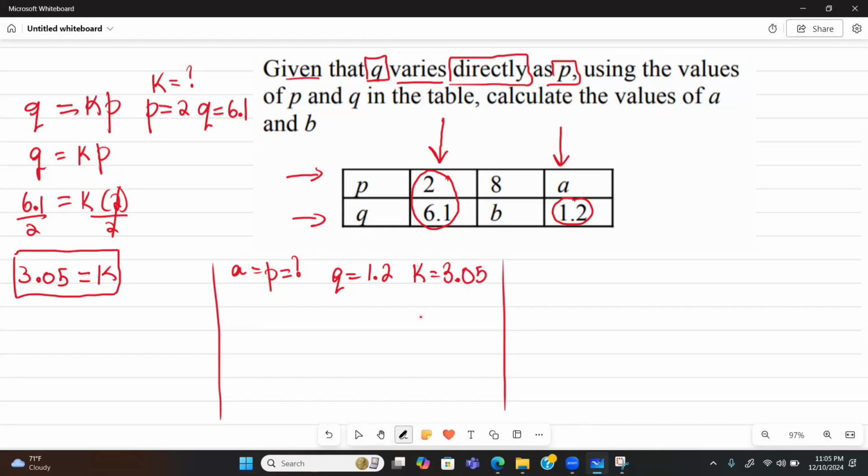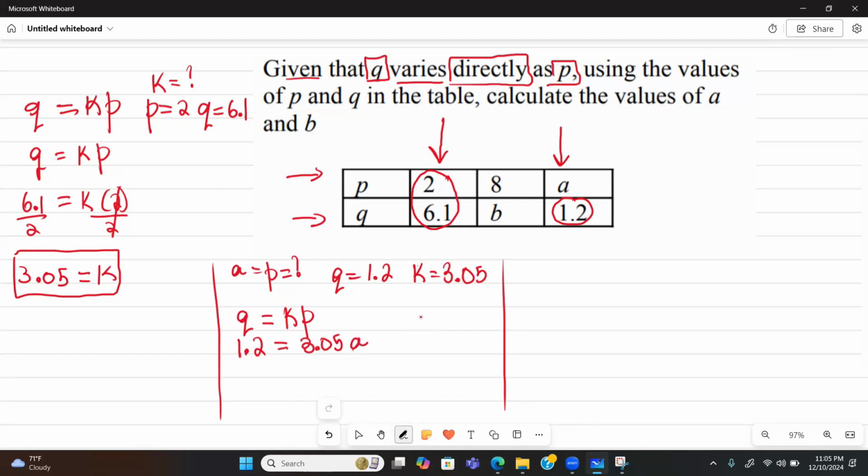Remember, we're in search of a, which is a p-value. Let's write back the formula that will dictate the pace for the question. It says q is equal to kp. q is 1.2, and this is equal to k, which we know is 3.05, times p. But remember, p is some a value that we don't know, right?